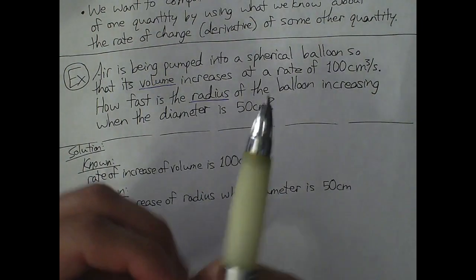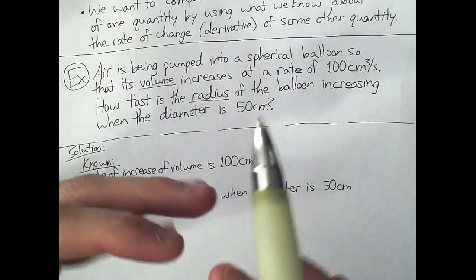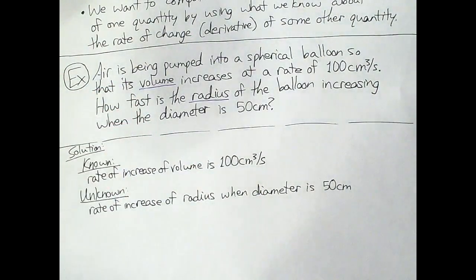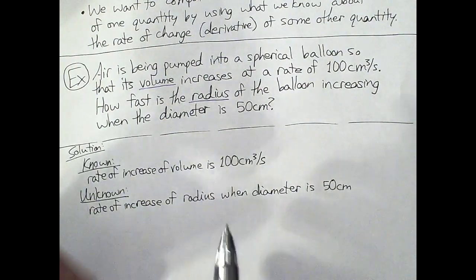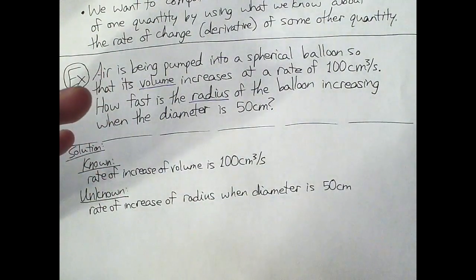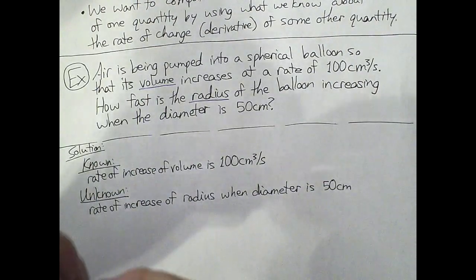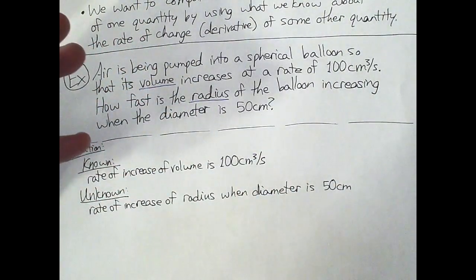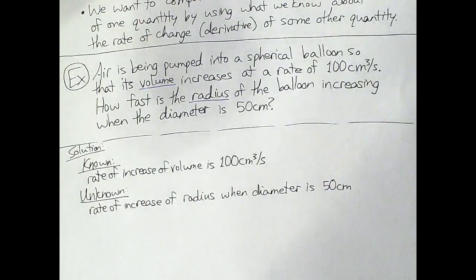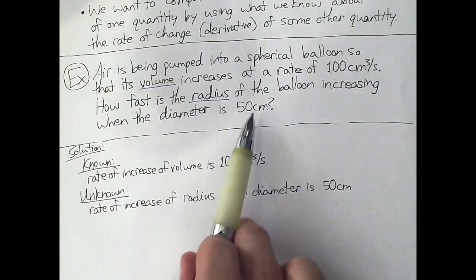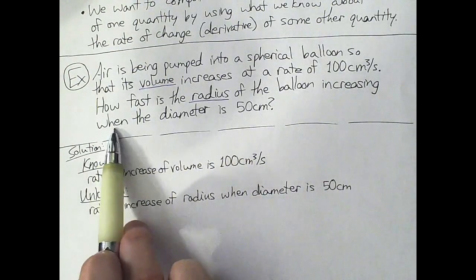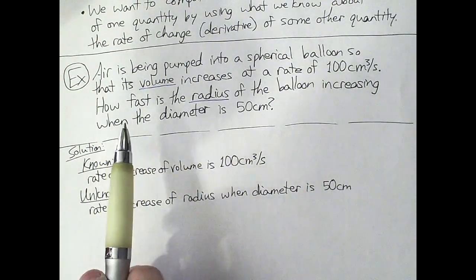At first the radius expands quickly, but then as the balloon gets larger, I probably should have had a balloon here to demonstrate this, the radius rate would not be as high as it was at the beginning, right? At the beginning, it rapidly expands and then it kind of tapers off a little bit.